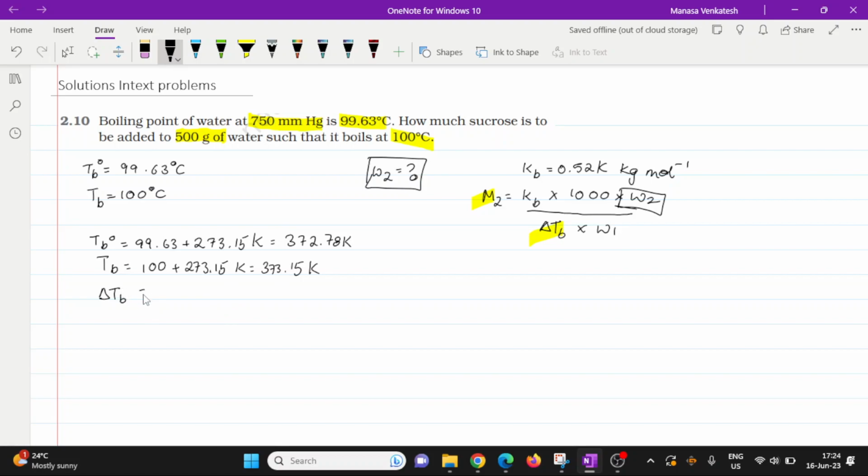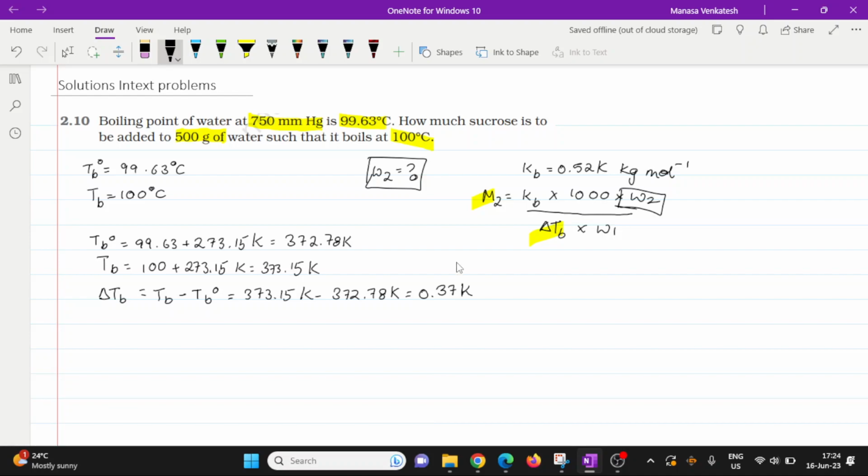So delta TB equals TB minus TB naught. So that is equal to 373.15 Kelvin minus 372.78 Kelvin, and that is equal to 0.37 Kelvin.